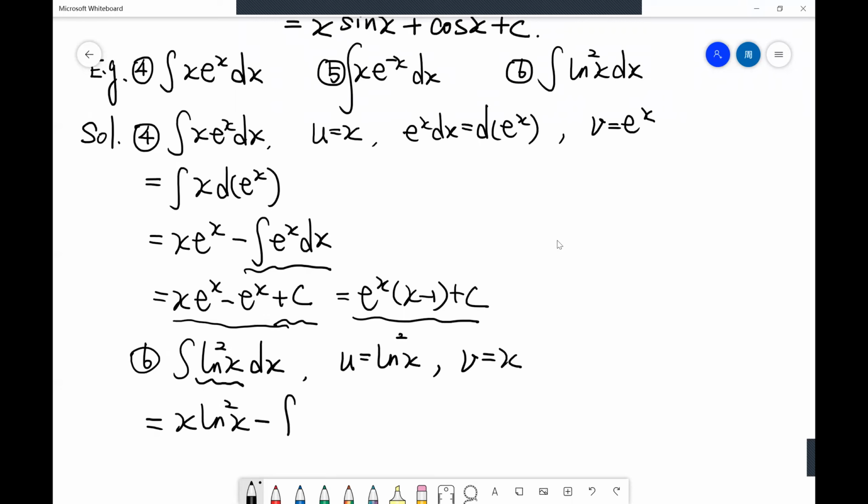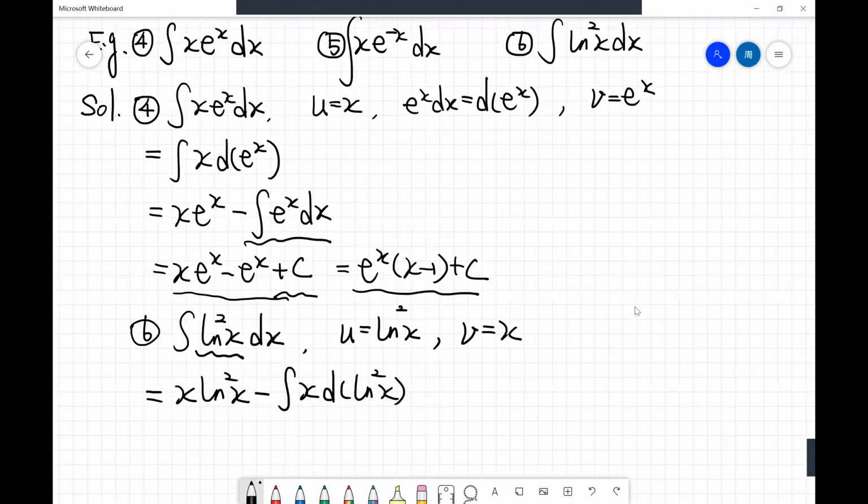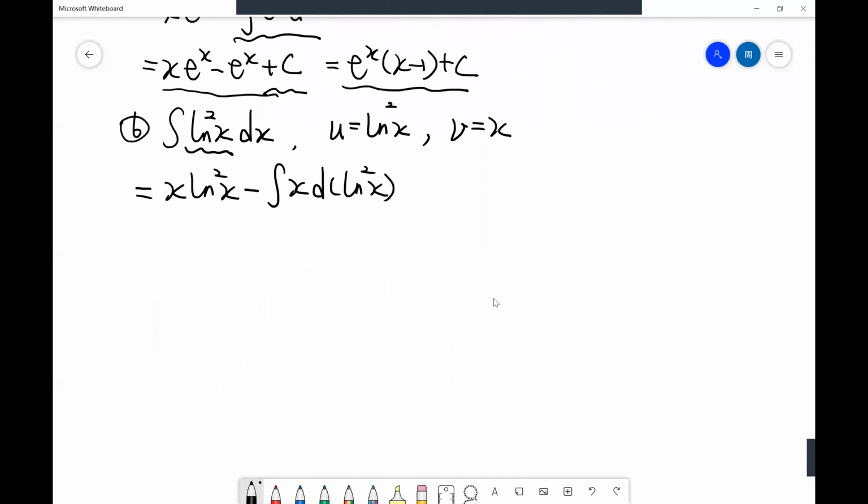And then minus, here we change the places of x and (ln x)^2. And here you should know that d(ln x)^2 equals ((ln x)^2)' dx, right? Here (ln x)^2 is a composite function, so we should use the chain rule to calculate from the outside to inside.